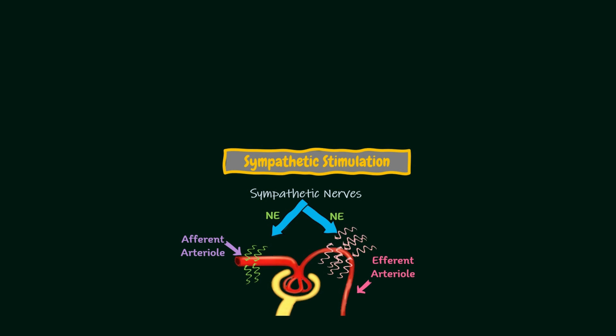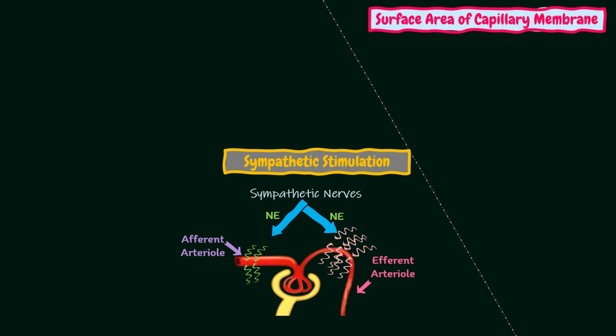The effect is more severe on the efferent arterioles than on the afferent arterioles. So initially, there is increase in filtration, but later it decreases. However, if the stimulation is continued for more than 30 minutes, there is recovery of both renal blood flow and glomerular filtration rate. It is because of reduction in sympathetic neurotransmitter.